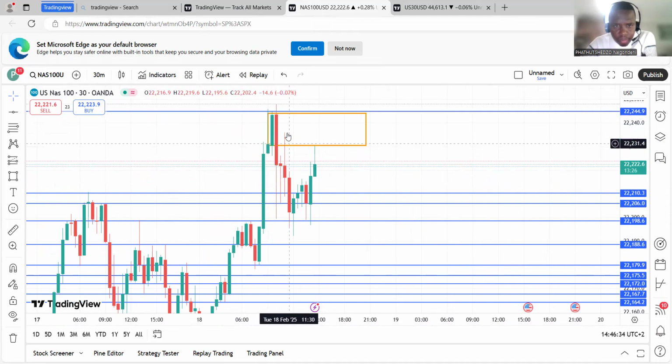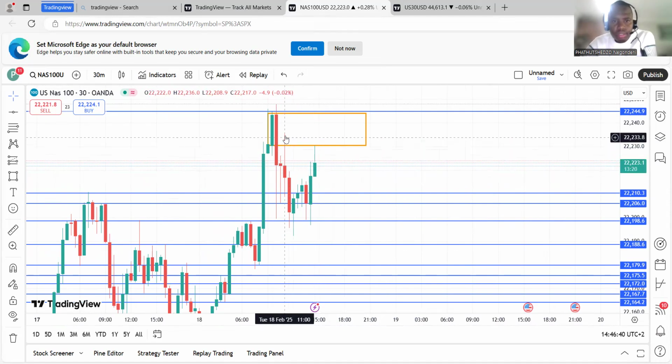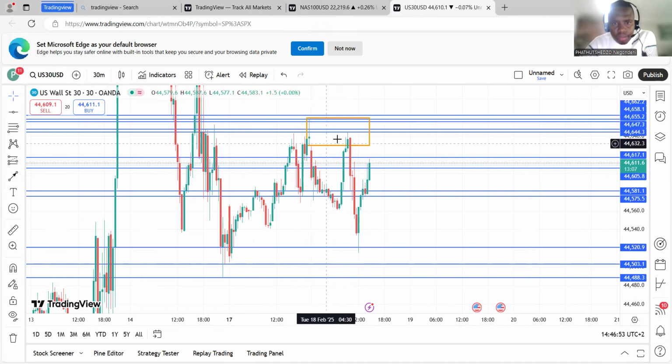But it has already been tested, so I'm really not gonna look into taking those sells. I'm not gonna consider taking the sells here because this area has already been tested. I like something which has not been tested, just like this one. There was no test at all. This area was not tested at all. These two candlesticks are the first candlesticks to test this selling area. So those are the kind of sells that I like.